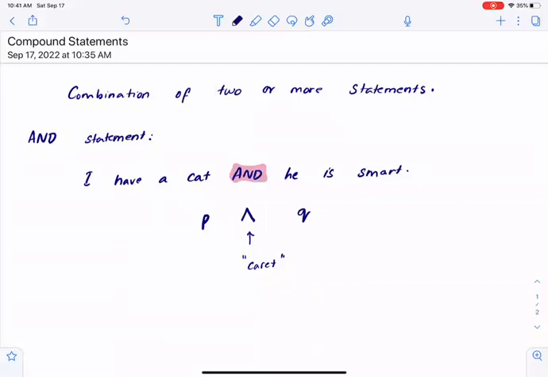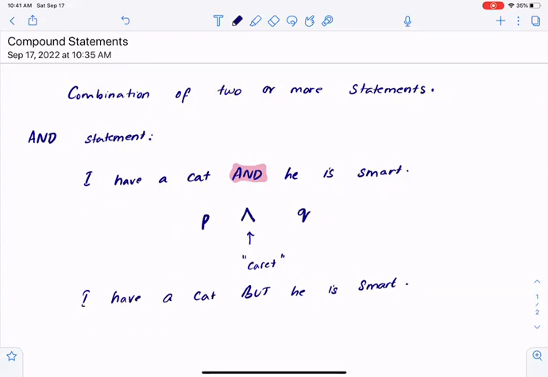Sometimes we may use this. We may say, I have a cat, but he is smart. So I mentioned in the previous topic that the true false aspect of things usually happens in the listener or the reader, also in the mind of the speaker.